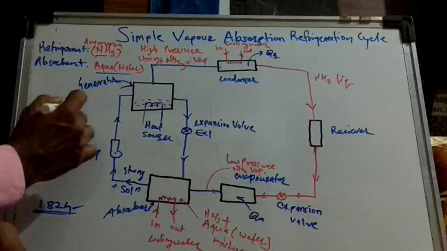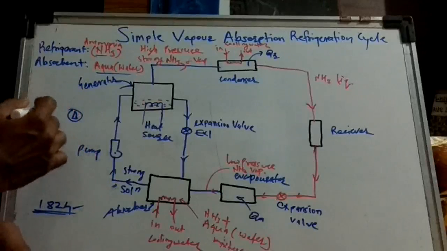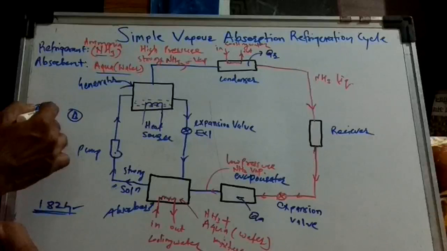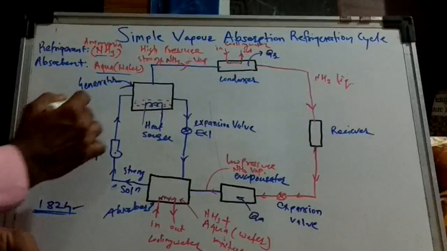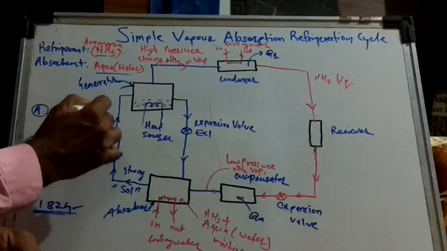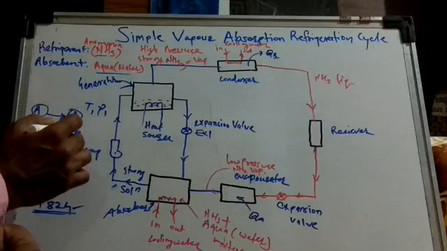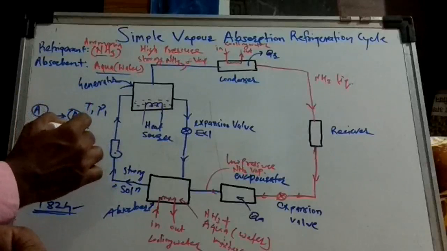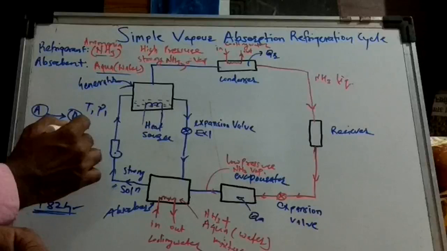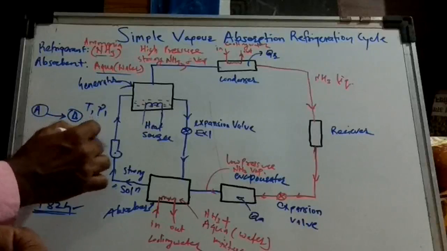If you consider substance A and substance B, substance A has greater affinity with substance B at some temperature and pressure conditions, and no or less affinity at other pressure and temperature conditions.